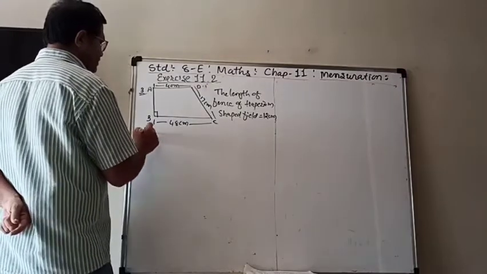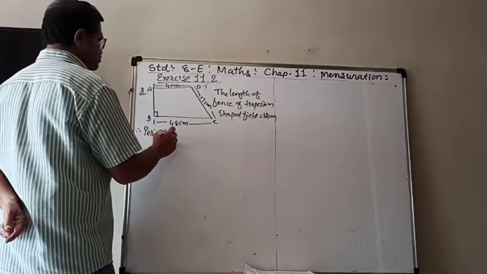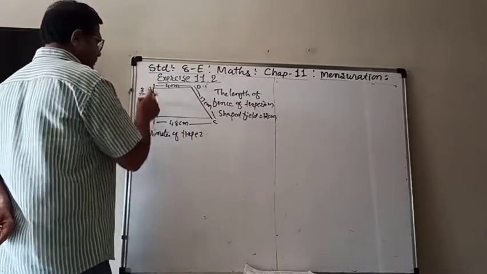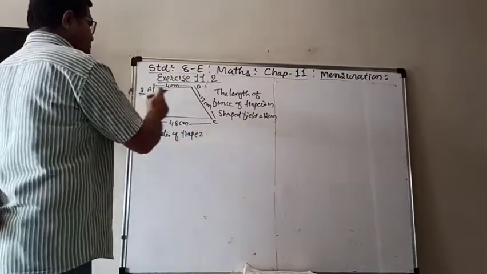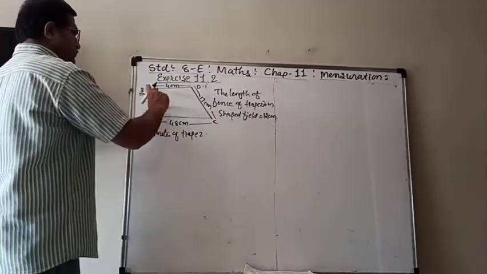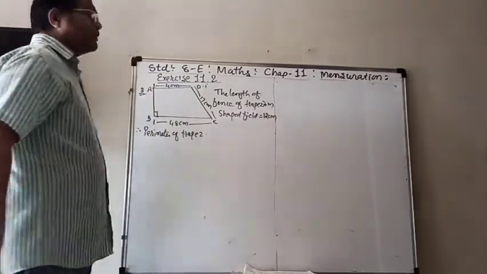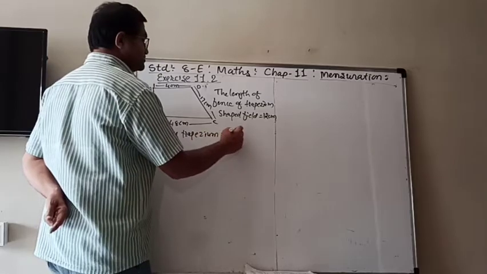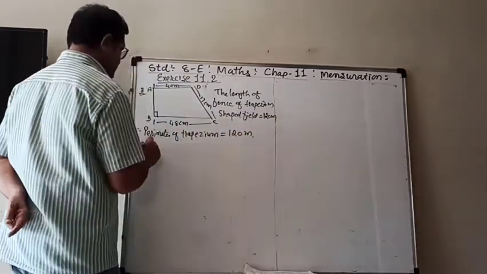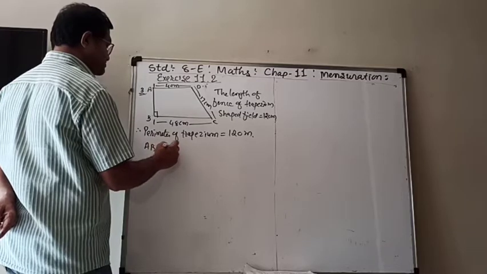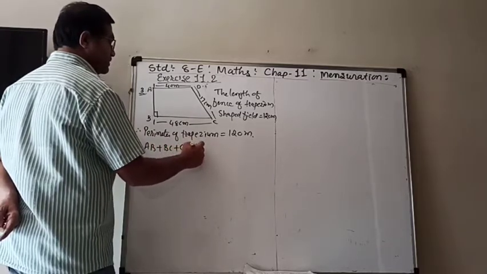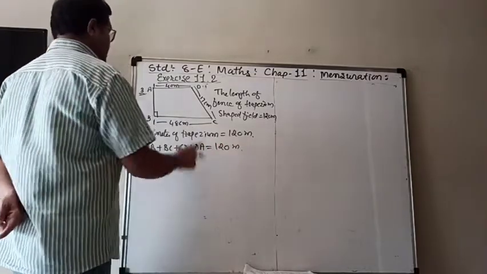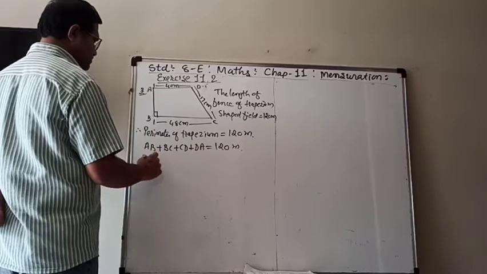Therefore, the perimeter of the trapezium is given, because we don't have this perpendicular length. So from the trapezium's perimeter we have to find the height and then we will find the area. So perimeter of the trapezium is 120 meter. Perimeter means AB plus BC plus CD plus DA is 120 meter. Now AB is not given, so we will keep it as it is.